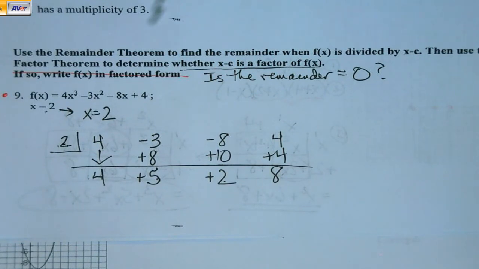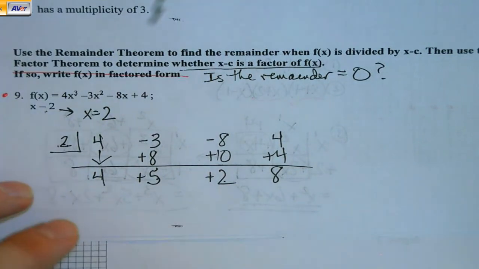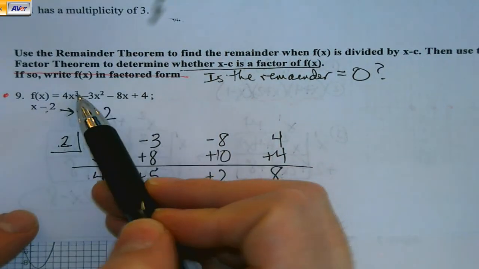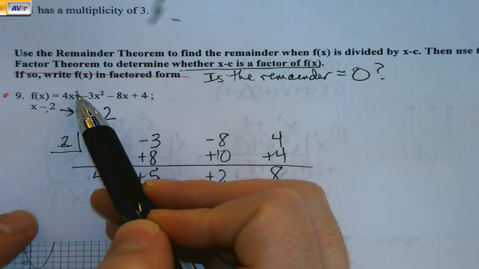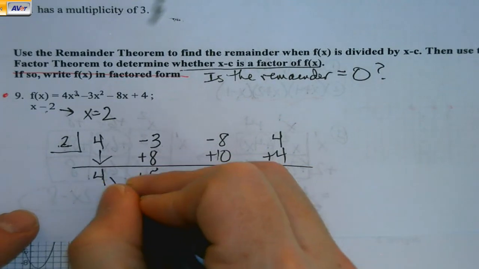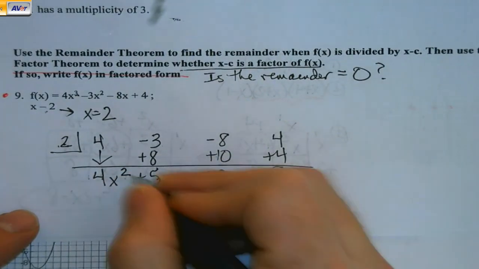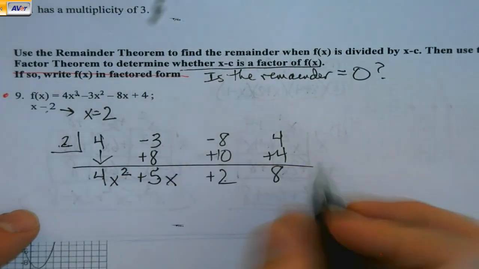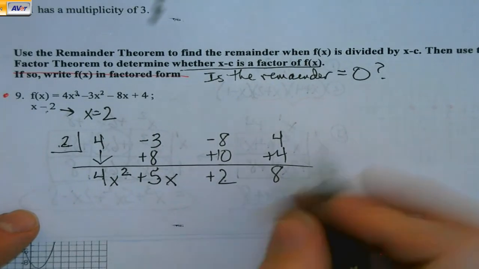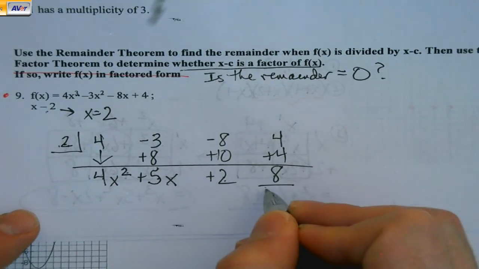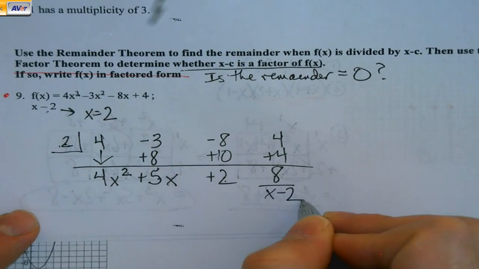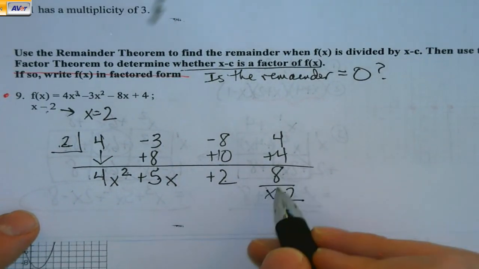I know I'm basically focused on the remainder, but I'm still going to rewrite this in a polynomial form, which again, whatever degree you start with, we go down 1 from it, 2, 1, 0. Here is my remainder. Okay, and yes, I need to get the fraction in there.